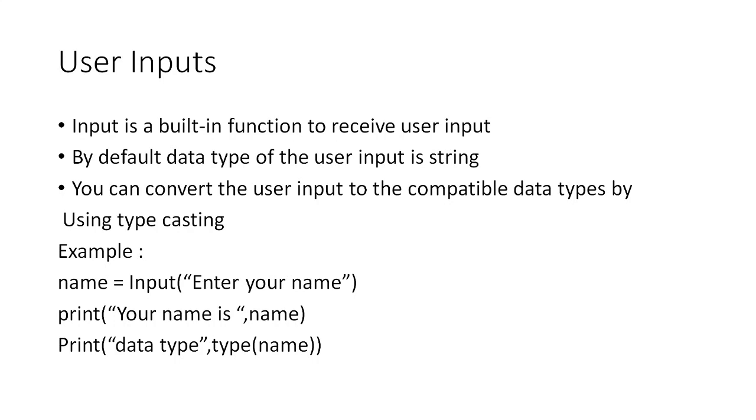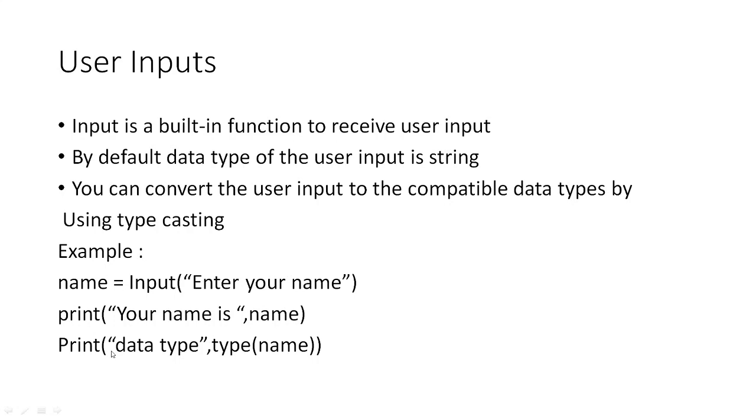By default, the data type of the user input is string. For example, I want to ask the user to enter the name and capture it in a variable called name. So I can write name = input, with a lowercase i, "enter your name", and whatever value the user enters is stored in the variable name.